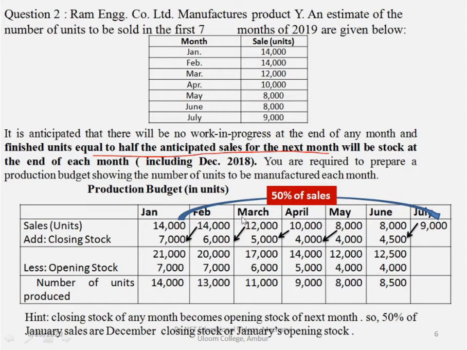Similarly, 50% of the sales of March will be the closing stock for February. That's what is recorded here. 14,000 into 50% is 7,000, 12,000 into 50% is 6,000, 10,000 into 50% is 5,000, 8,000 into 50% is 4,000, and 8,000 into 50% is 4,000. For July it is 9,000, and 9,000 into 50% is 4,500.